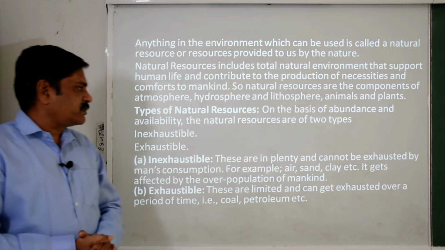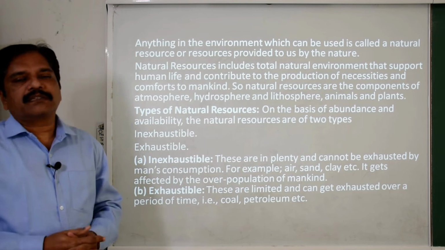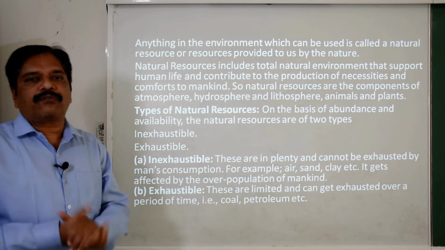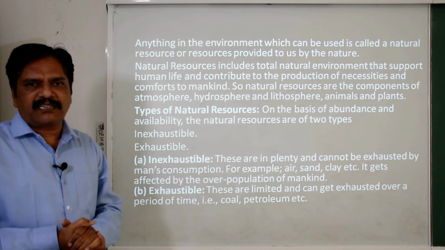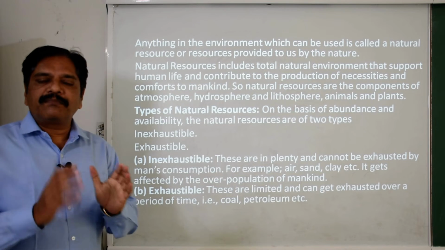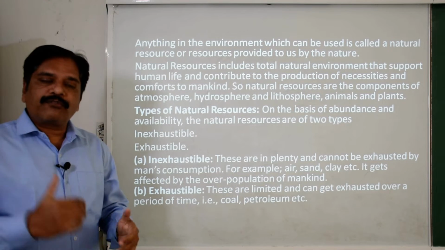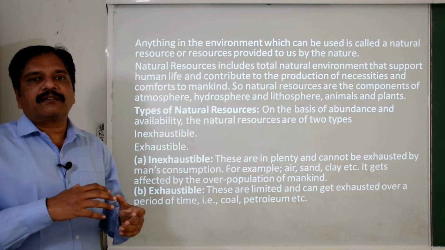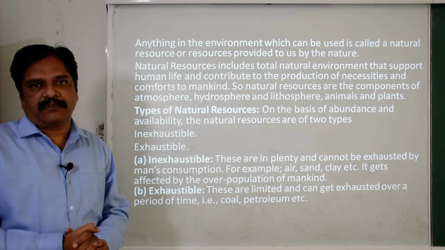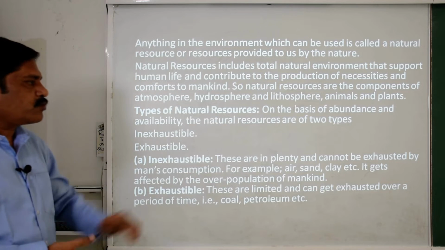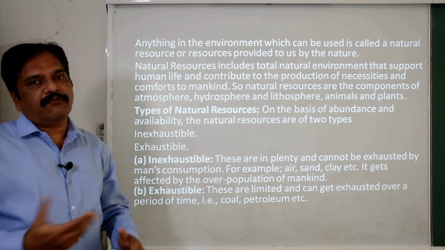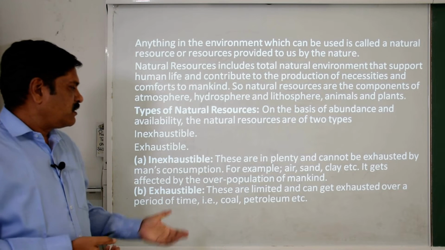The second is exhaustible: resources available in a very small or limited quantity. Also, they are not recycled by natural cycling. So if we use them in excess, once upon a time they are going to be exhausted.